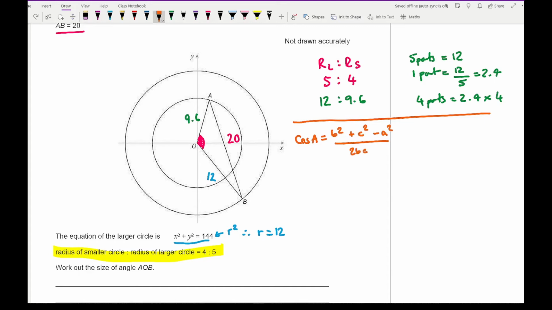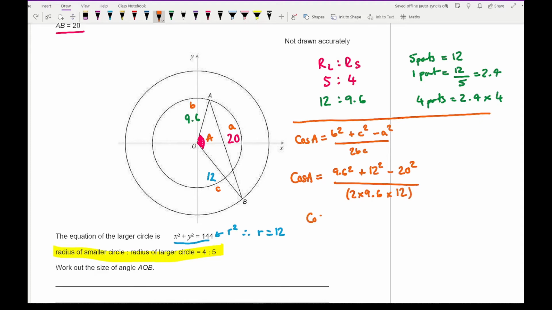Labeling this triangle, I've got this as being A, that's going to be little a, that's going to be b, and that's going to be c. Substituting the numbers in, I get cos A equals 9.6 squared plus 12 squared minus 20 squared, all divided by 2 times 9.6 times 12.